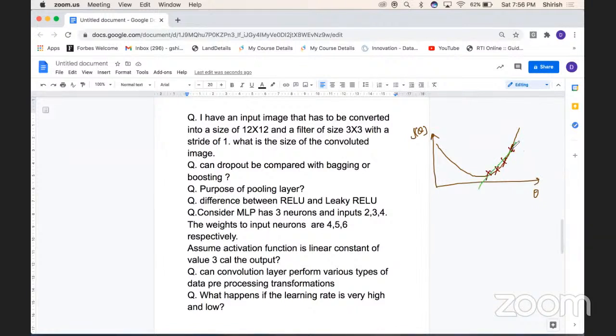So when the learning rate becomes too low, this is what is going to happen. It would take so many updates before it would reach your local minima.